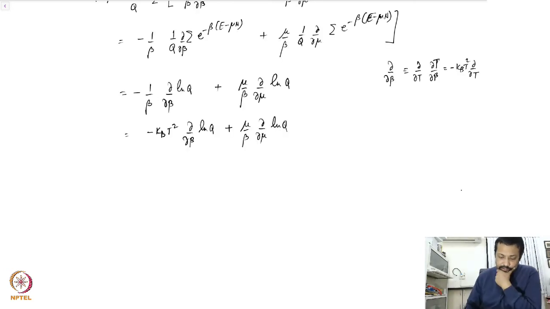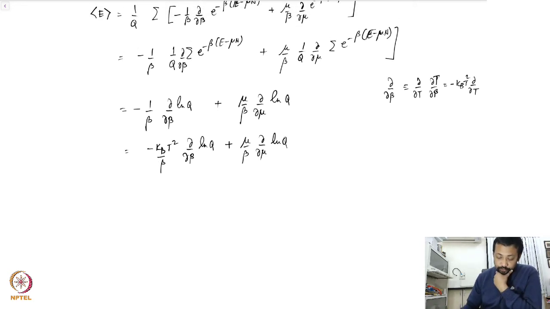However, we realize that this is somewhere horribly wrong, because I have a 1 by beta over here, and then it makes me kBT cube. So where did we go wrong?